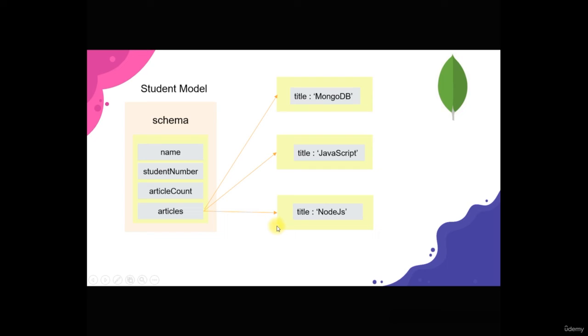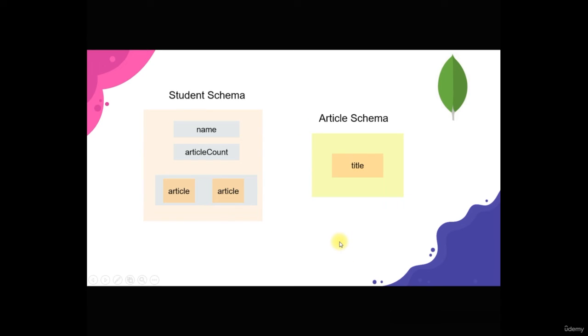All right, anyway, to make this subject really clear, we'll study a different model. So in this model, we have a student model, and inside of it, there's a student schema. Name and article count property, and article count property will include a list of articles. Now, besides, there is an article schema as well, and it has a title property.